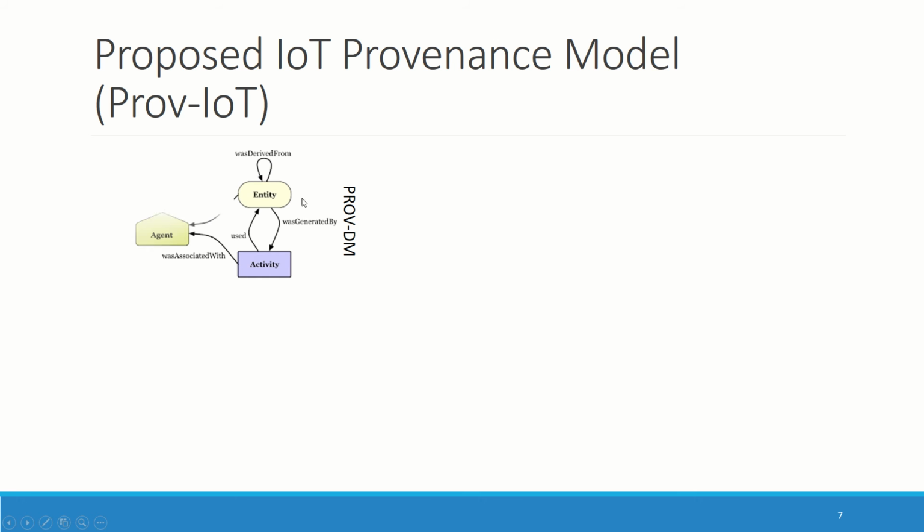In the ProvDM model, whoever is working with the data, responsible for generating different kinds of data or documents, is indicated as an agent, and the data or the document itself is indicated as an entity.